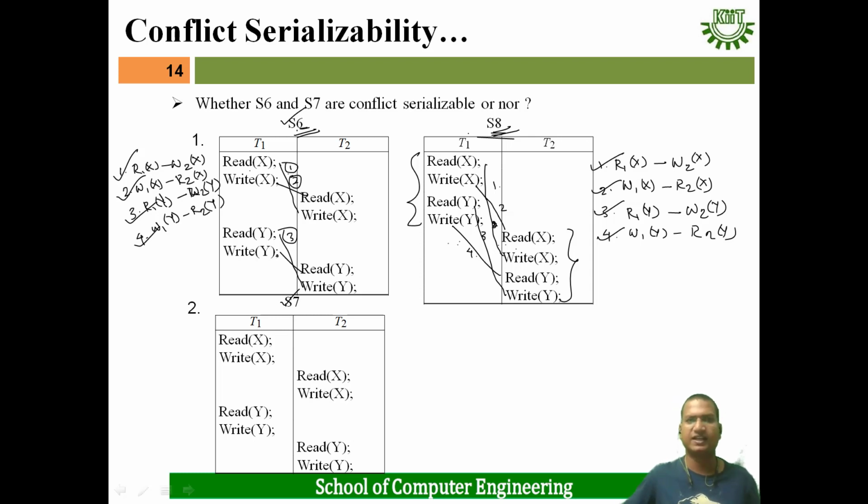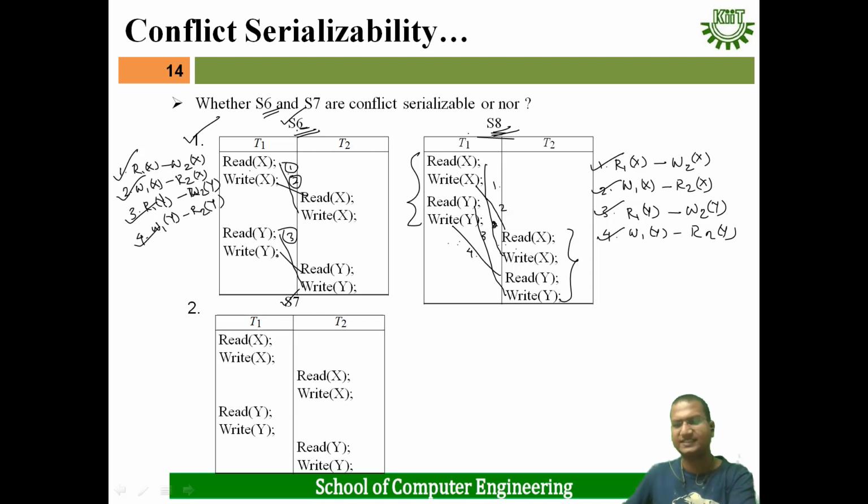That means we can say that S6 is a conflict serializable schedule, because it is conflict equivalent to one of its serial schedules. Similarly, we will check for S7. So for question number 1, S6 is a conflict serializable schedule.